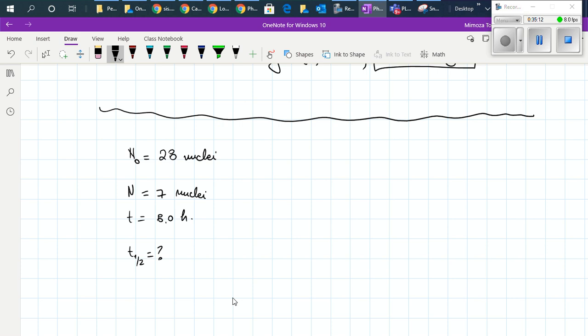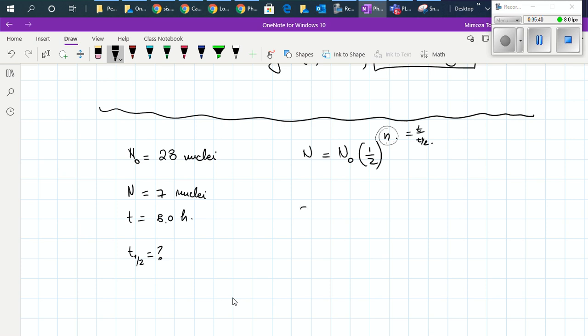So the formula is N equals N0 times 1 over 2 to the power of n, and within this we have t over t 1/2. The first, intermediate step will be to find what lowercase n is.